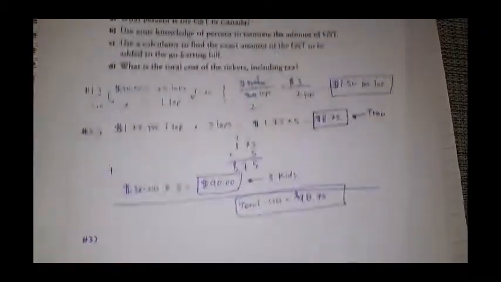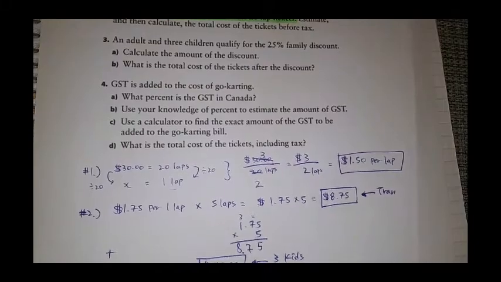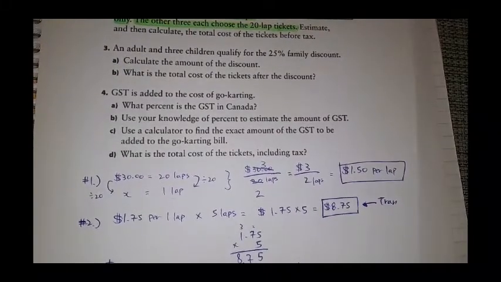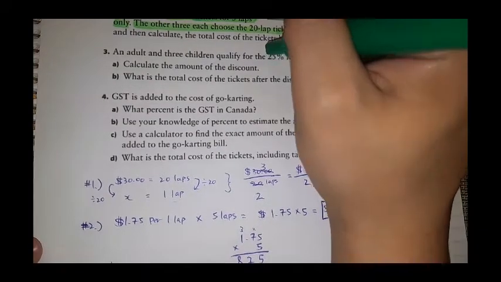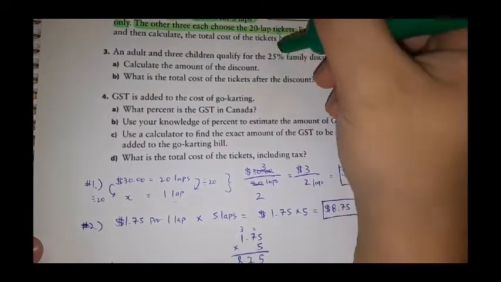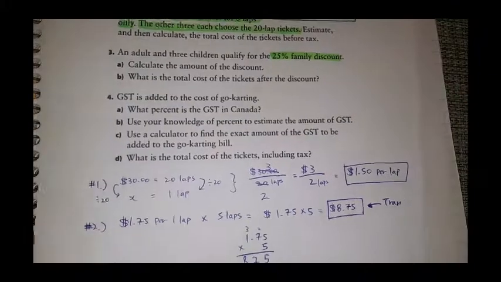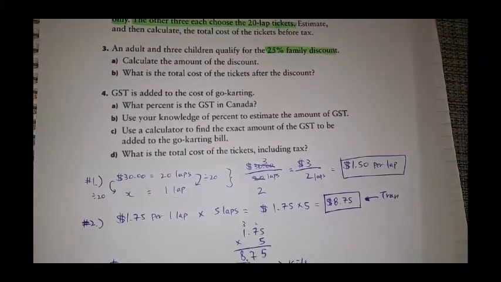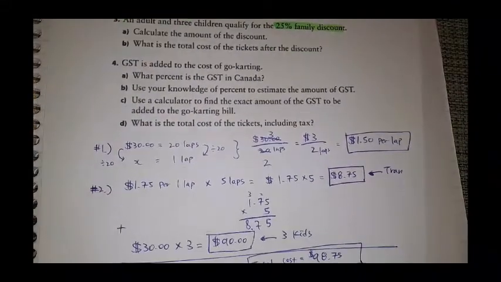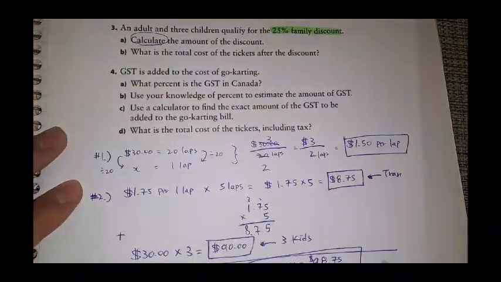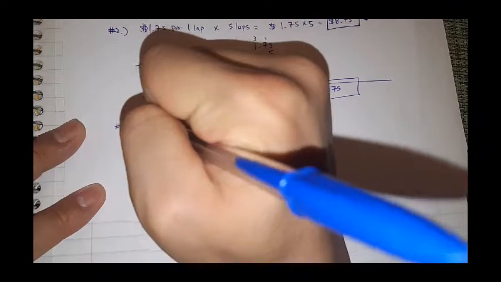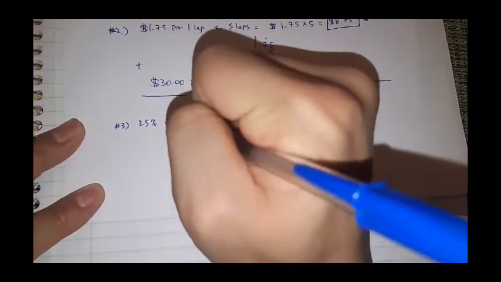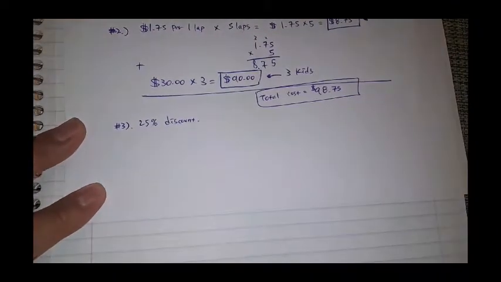Number 3, for this one, I want you to just copy this. An adult and 3 children qualify for a 25% family discount. I want you to just put 25% family discount. And we're just going to calculate without estimating like the previous one. So let's think about this.